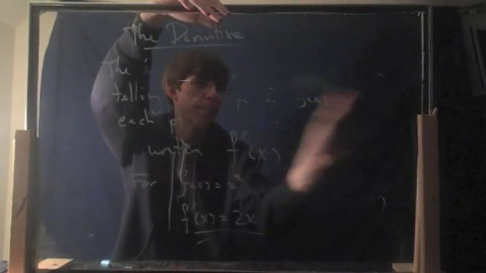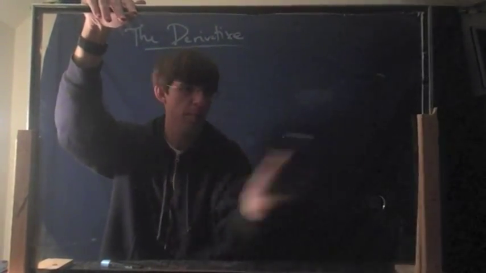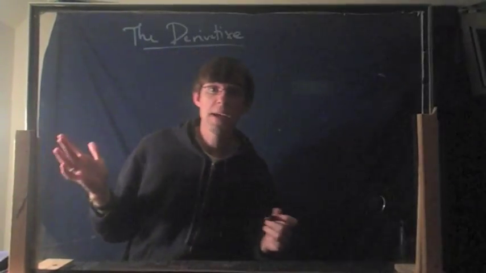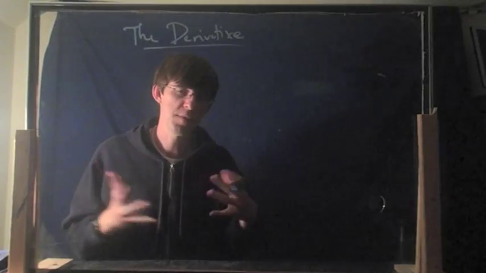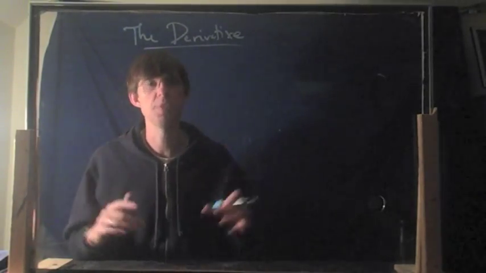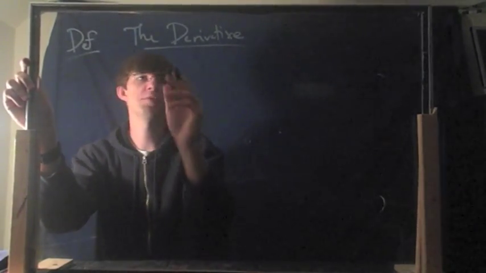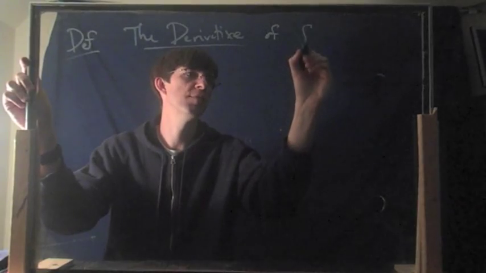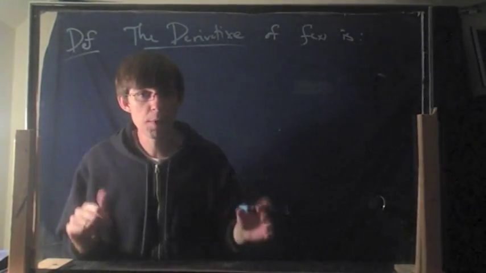But let's have an actual, technical definition. What I just said before, you could say that's a definition, but it's not very useful. I wanted an actual formula that you can just plug in to get you started. So let's turn this into a definition. The derivative of f of x is, this is a formula for the derivative.